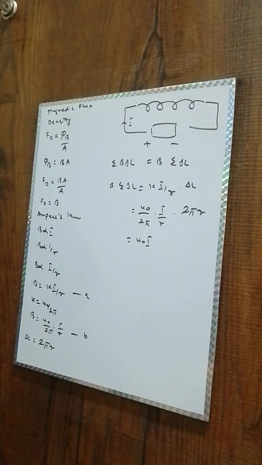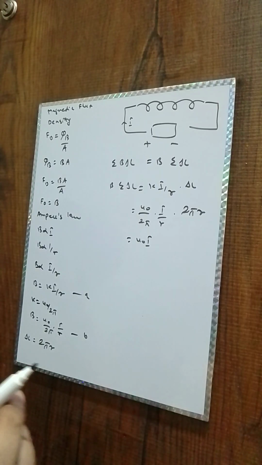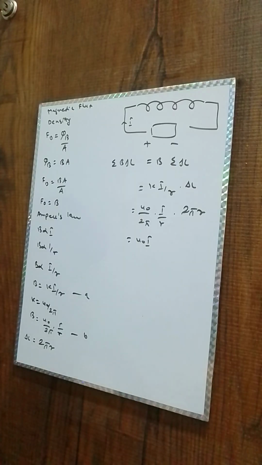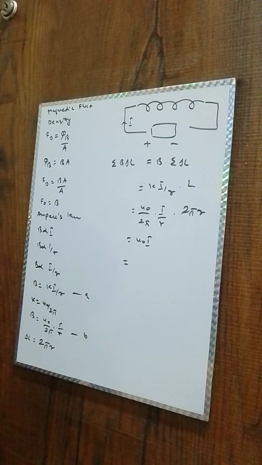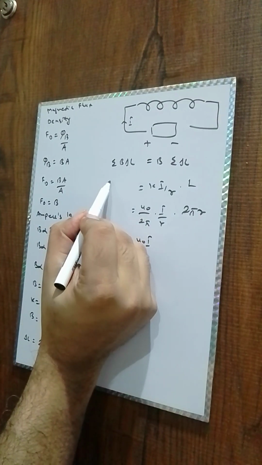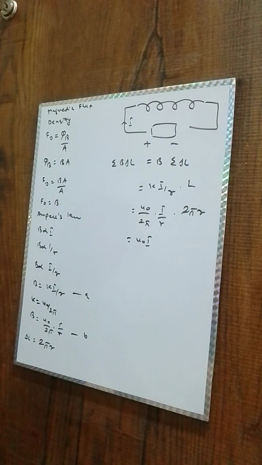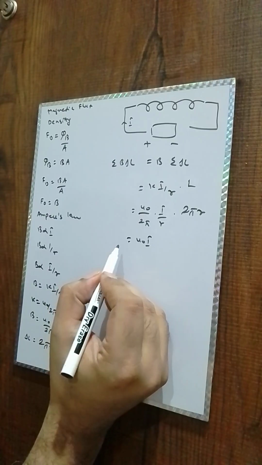So what we have here is the form which says that the law of Ampere is the sum of the product of differential lengths and the magnetic fields, and it's equal to mu naught I. I is the current and mu naught is a constant in this case, which we can discuss later.